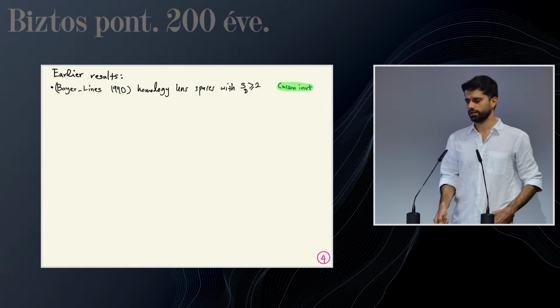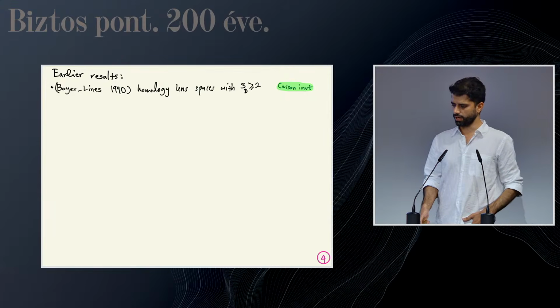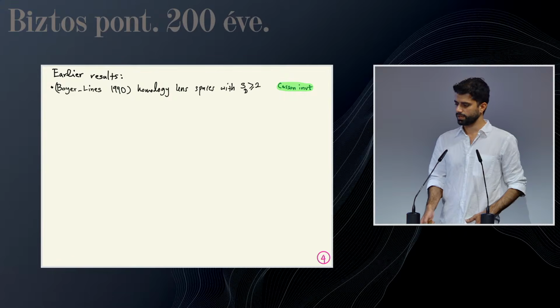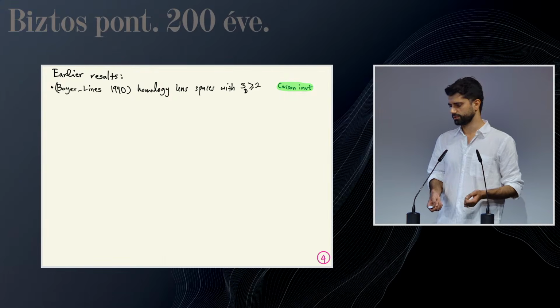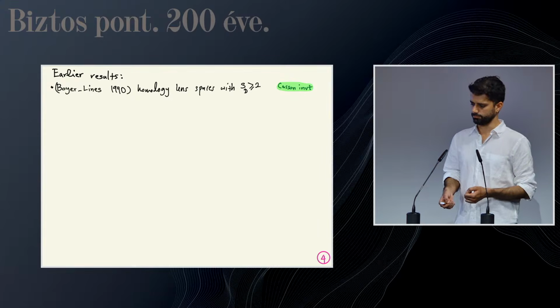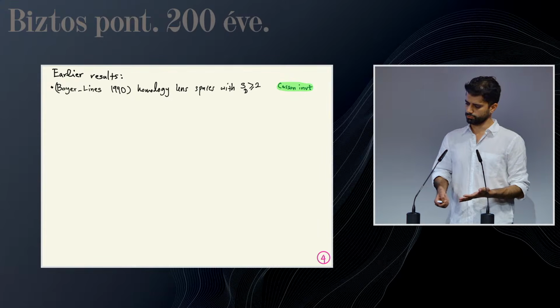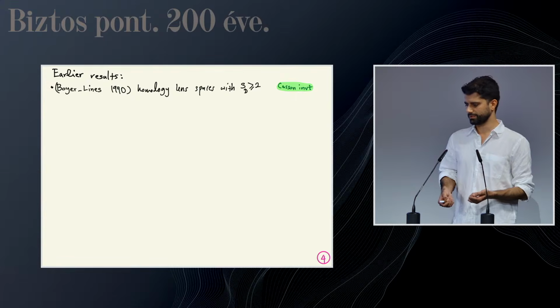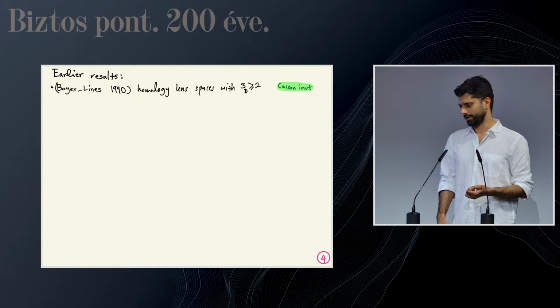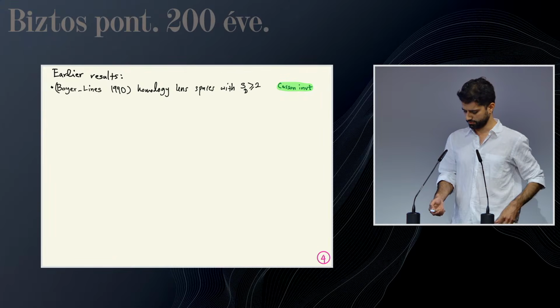Let me mention also some earlier results related to this. You can use a lot of different tools from three-manifold topology to study this problem. And it turns out that it's hard to go beyond showing that the surgery number is greater than 2, but to get to 2, there are a lot of different tools that you can use.